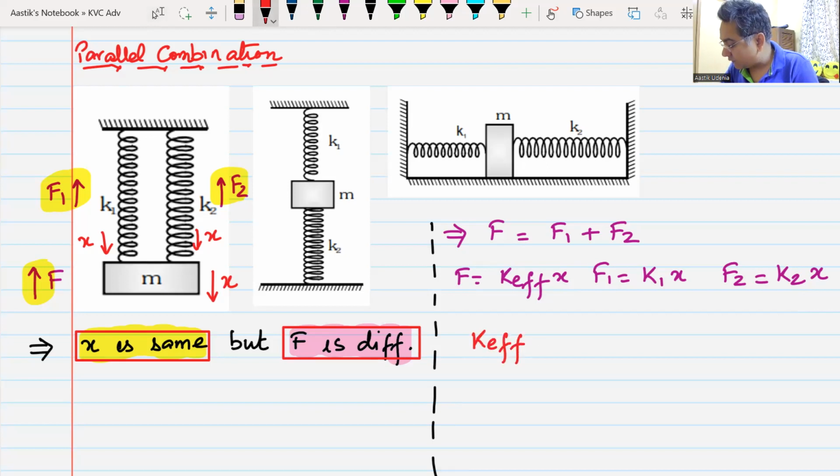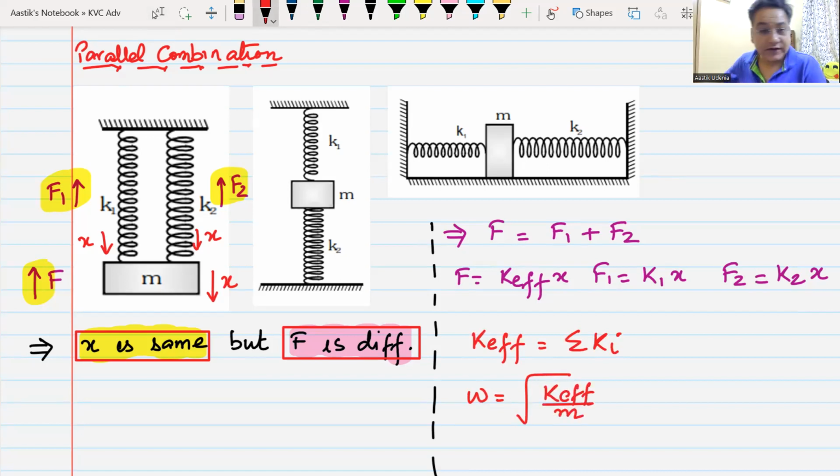K effective will be summation of Ki. And I can write omega is equal to root over K effective divided by M. We understand this, everyone? Yes, sir. This is what we call the parallel combination of two springs.